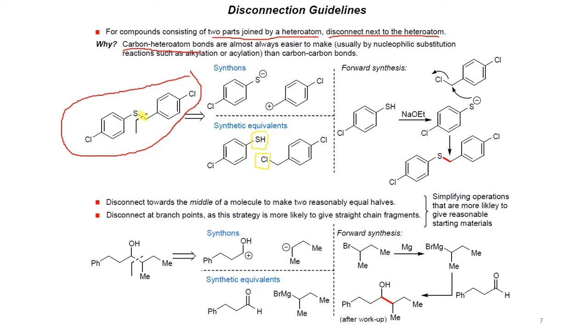When you draw this kind of compound, please make sure you don't draw it like this. Let's say you draw it like this because you think that is plus. This is wrong. Why?